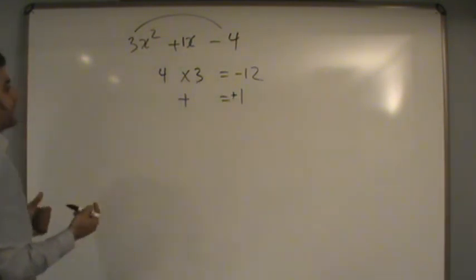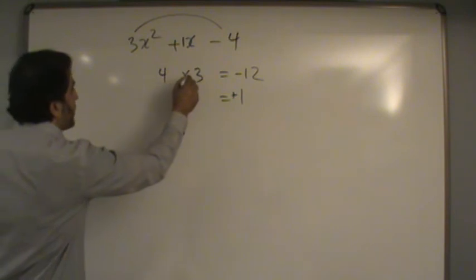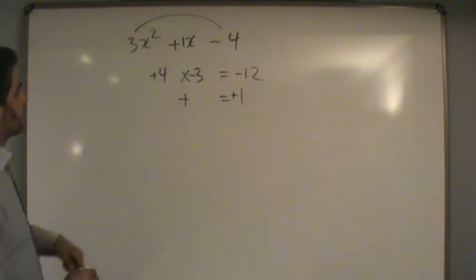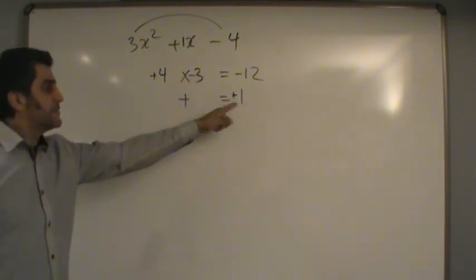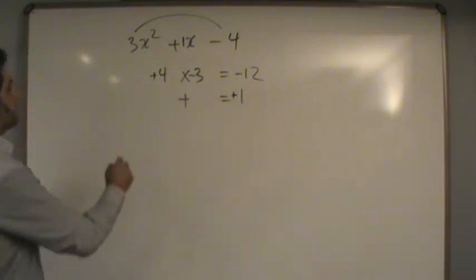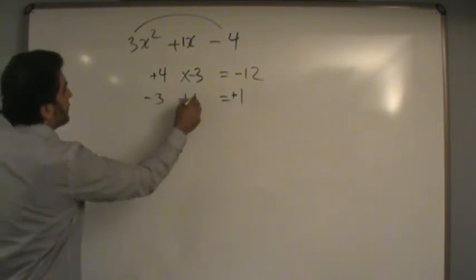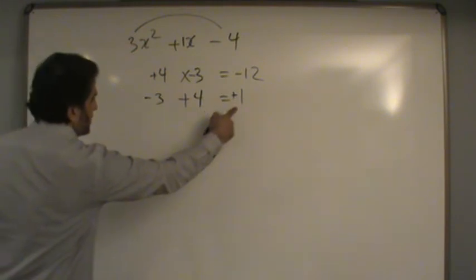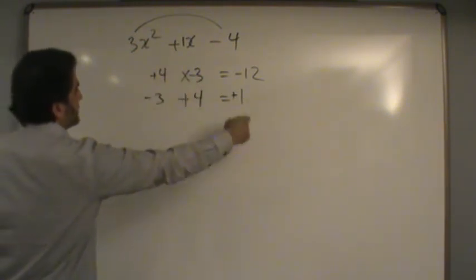So which one should carry the negative sign? The smaller number, and the larger number should carry the positive sign, because negative 3 plus 4 is positive 1. So we have negative 3 plus 4, the same integers, which equal positive 1. So these integers satisfy both conditions.